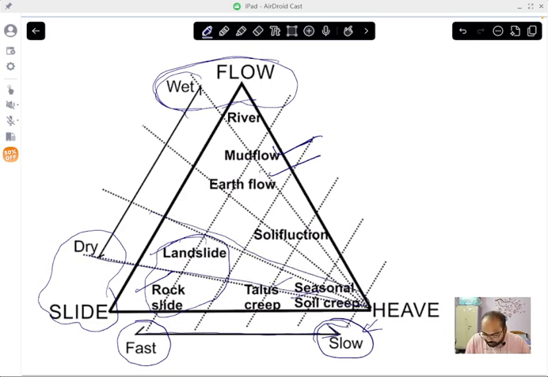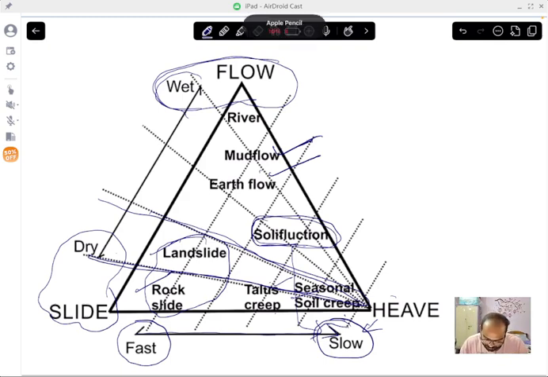So talus creep and soil creep are slow and dry. Solifluction is also slow, that means it undergoes heave, but here the soil particles are substantially wet.